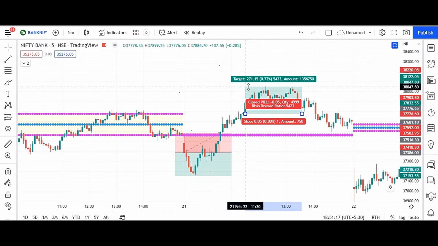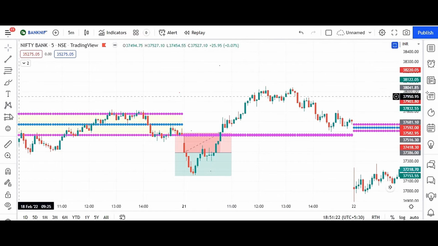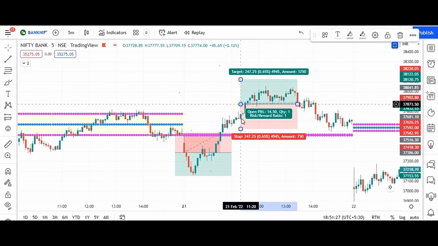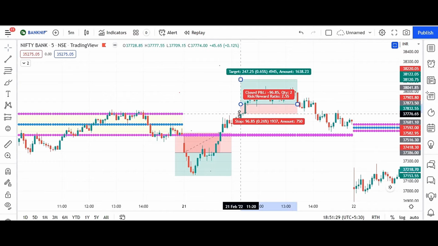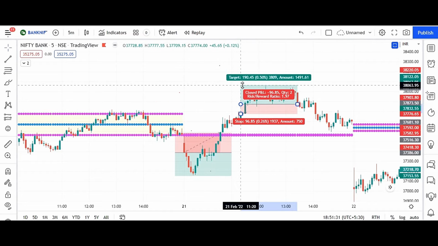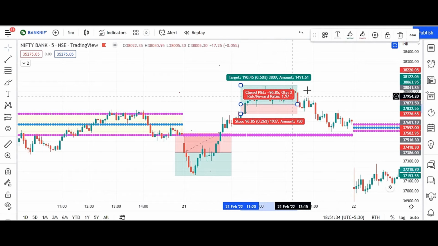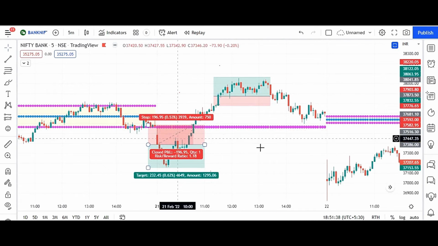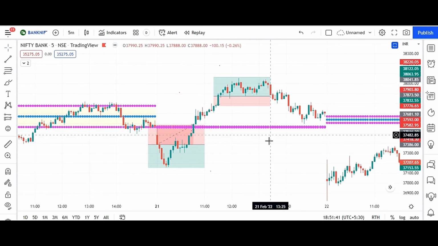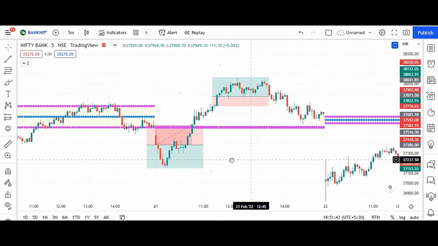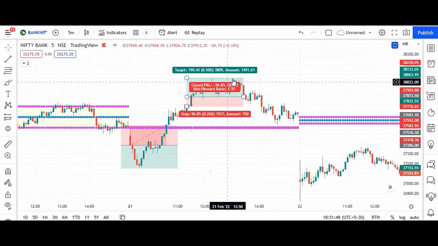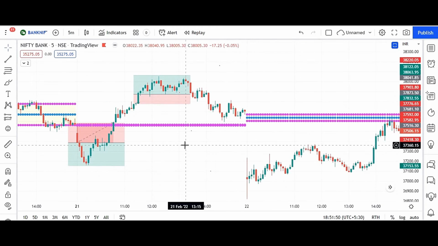You have been made some breakout. Stop loss will be just below that candle. You have been made some 1:1.97, like at least you can make 1:1 here. Okay, if you take an entry here or here, always maintain your SL. Sometimes it goes very quick upside, but here it reverses. Okay, that's okay.